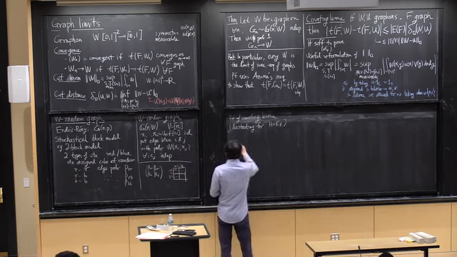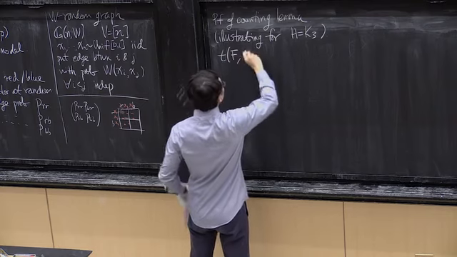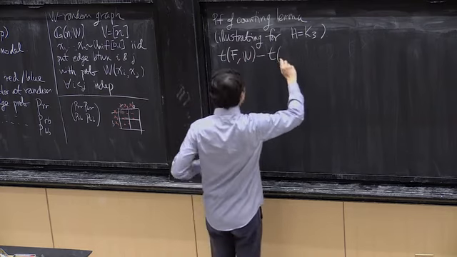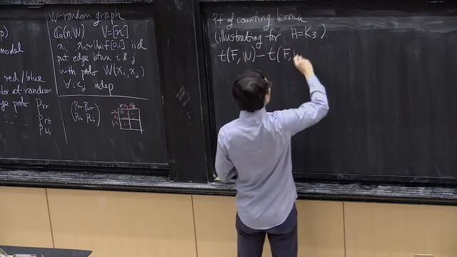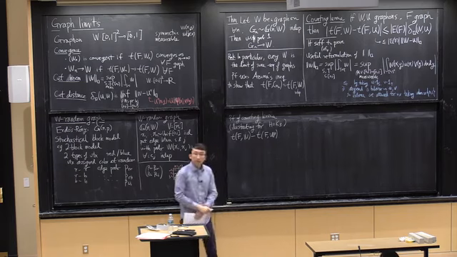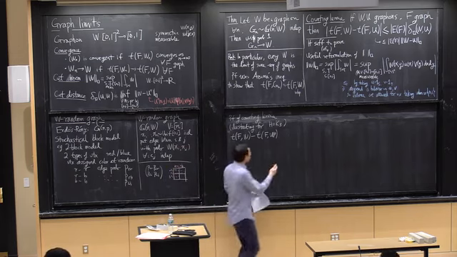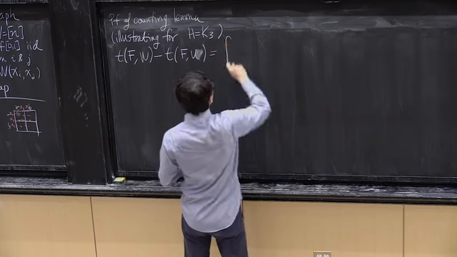The argument works by considering the difference between these two F densities. This is some integral, which I'll write out.